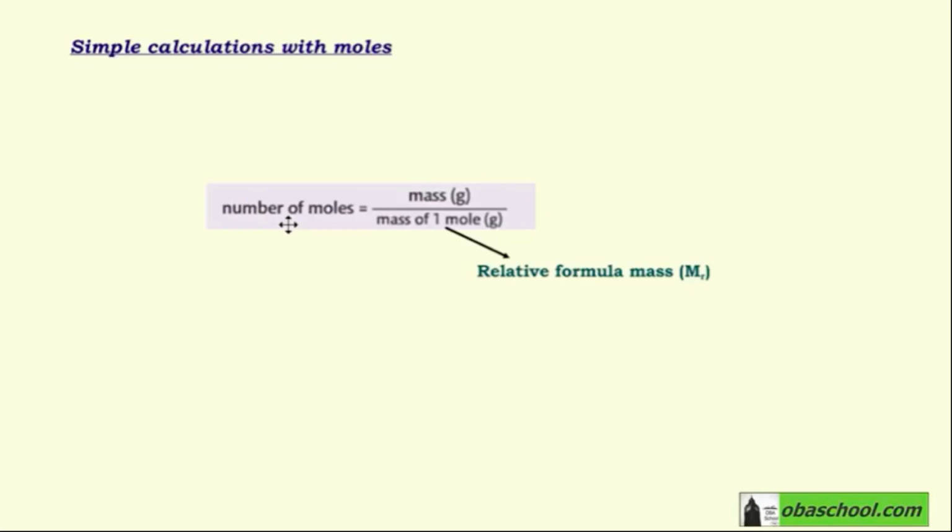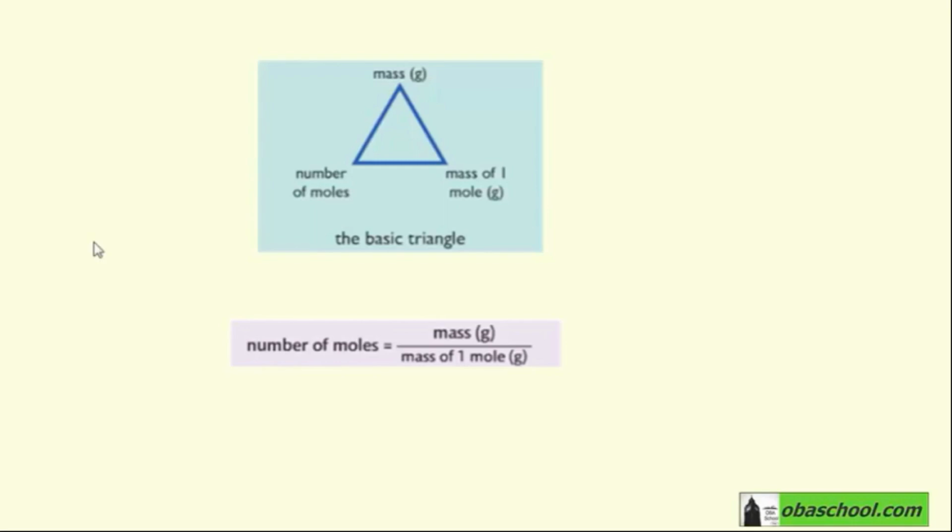Now if they want us to find the mass, how can we rearrange this formula in a way to find the mass or the mass of 1 mole? Well, let's use the triangle way. It's called the basic triangle. We will distribute the number of moles, mass, and mass of 1 mole on this triangle in this way.